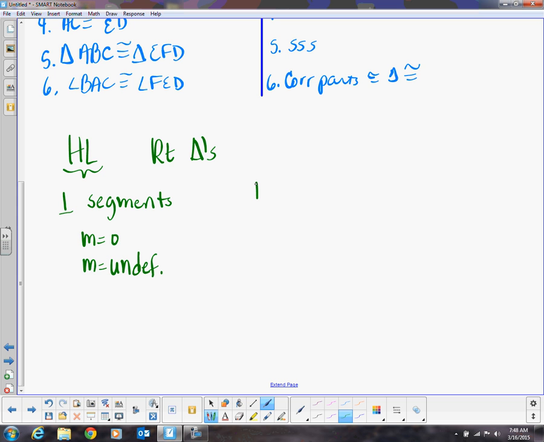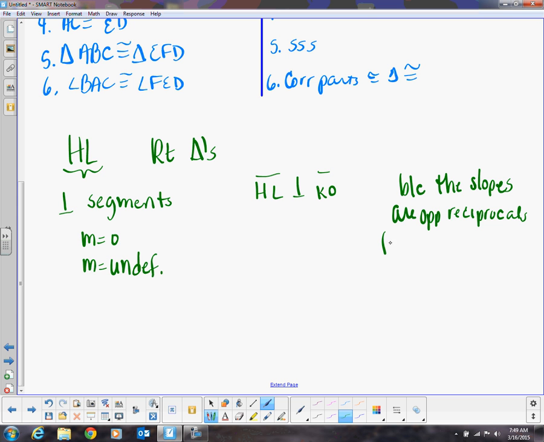So you would say, let's say, segment HL is perpendicular to segment KO because the slopes are opposite reciprocals. Now, a fancy way of saying because the slopes are opposite reciprocals is to say the product of the slopes is negative 1.